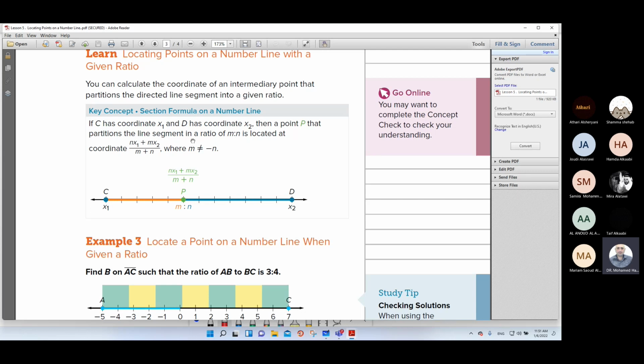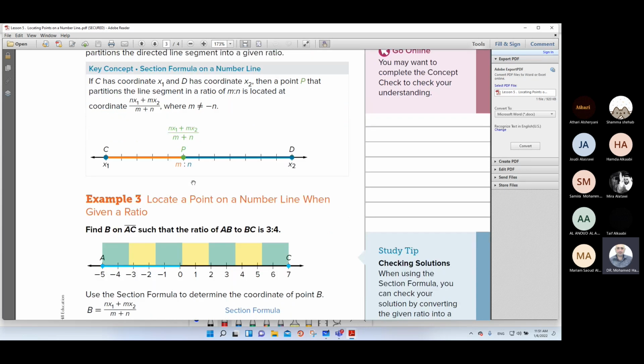So in a ratio of M to N, it is located at coordinate N times x1 plus M times x2 over M plus N, where M doesn't equal -N.